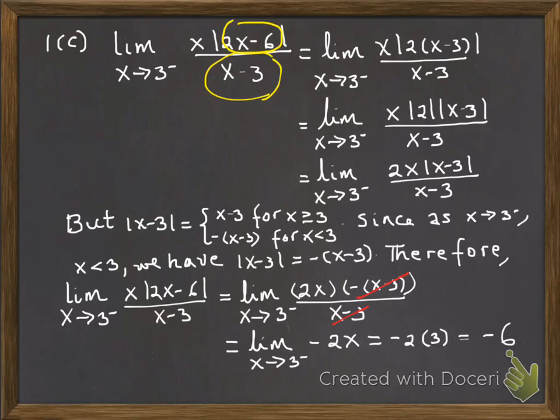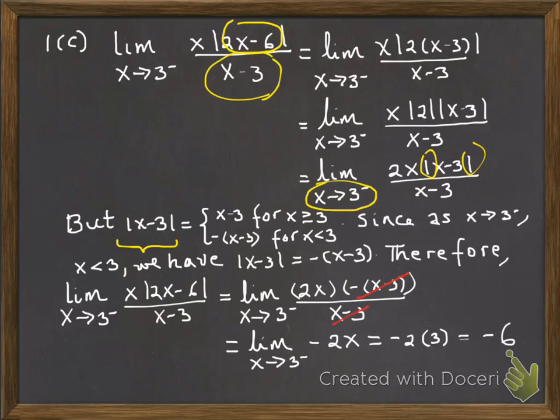So to eliminate this absolute value, we have to be able to distinguish what is the sign of x minus 3 when the values of x are in the neighborhood of 3. In that case, we need to find the absolute value of x minus 3.